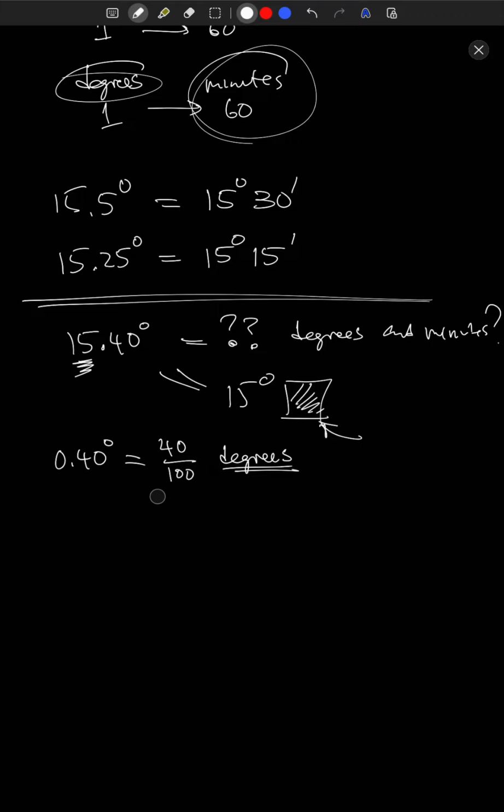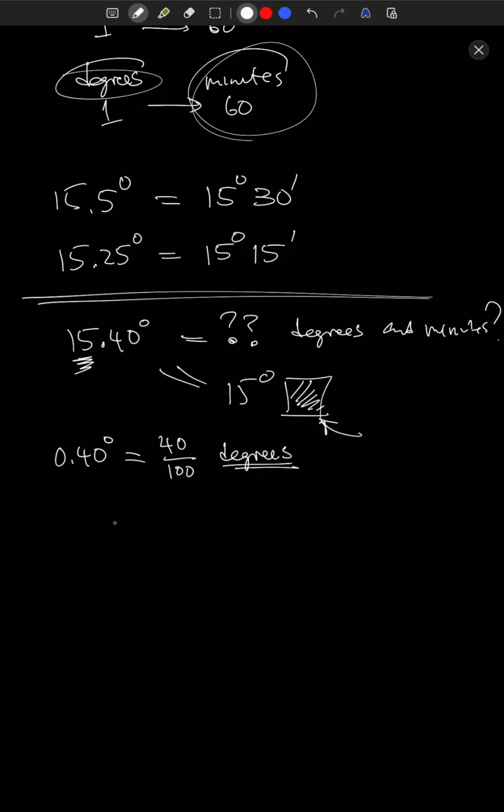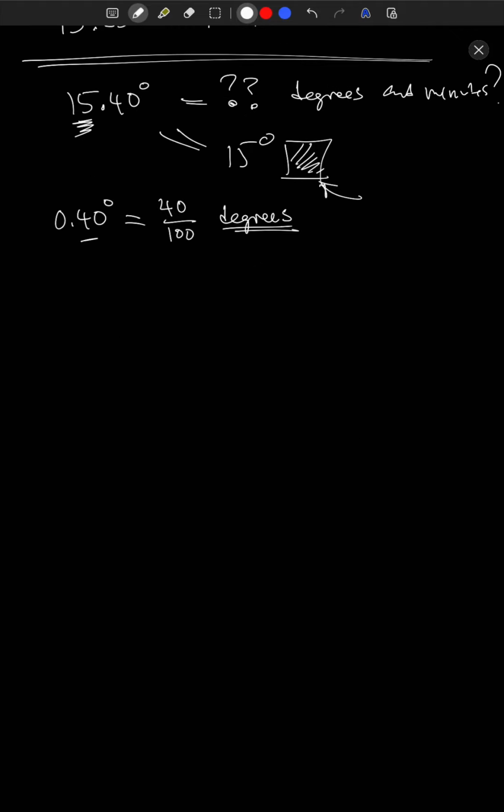When we talk about 0.40, 40 over 100, now everything is out of 60. So we're talking about a ratio here. 0.40 is 40 out of 100 degrees. This is the same as something over 60, because minutes is out of 60.